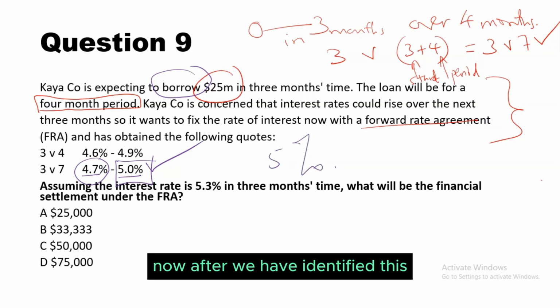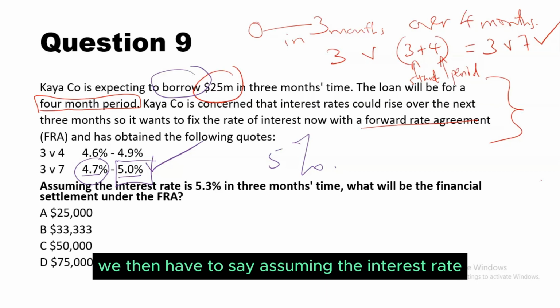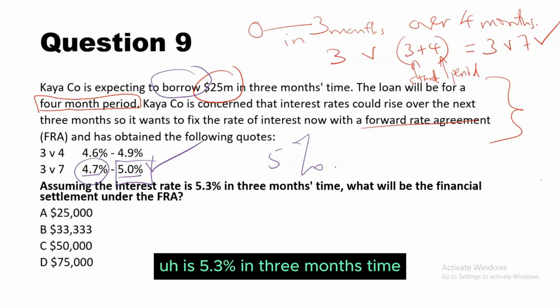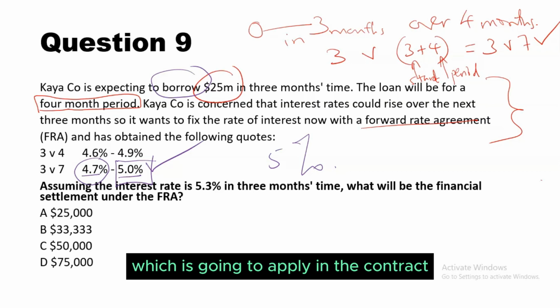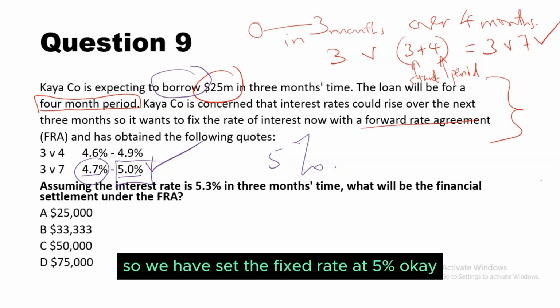Now, after we have identified this, we then have to say, assuming the interest rate is 5.3% in 3 months' time, what will be the financial settlement? Remember, a FRA is taken today to set a fixed rate which is going to apply in the contract. So we have set the fixed rate at 5%.